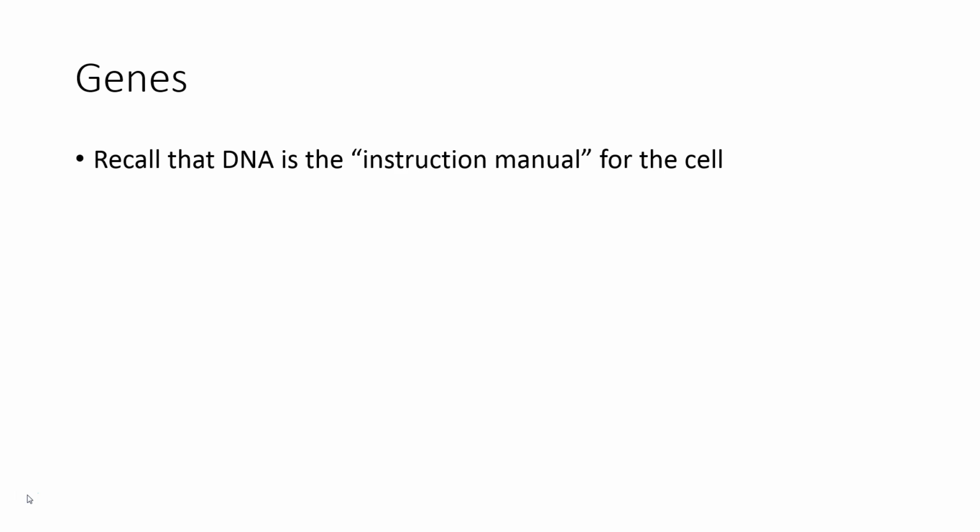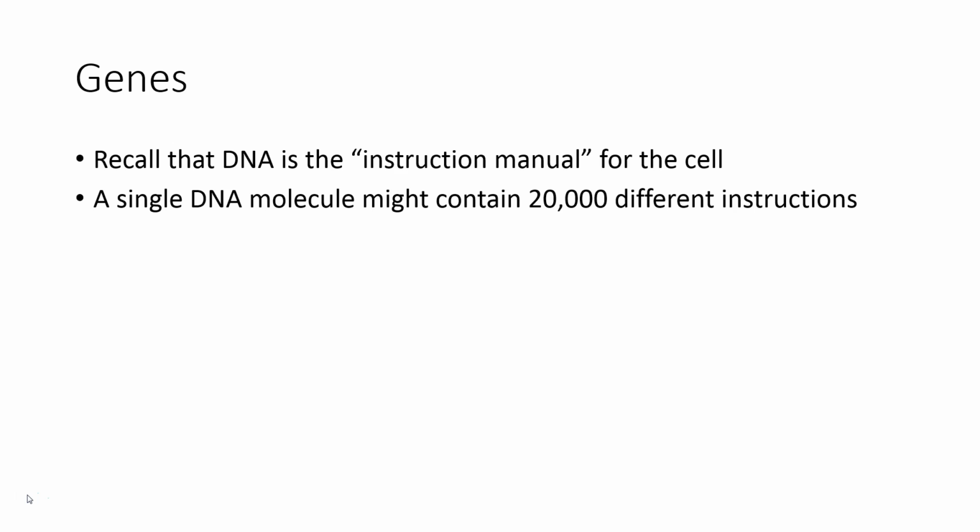Remember that we've said that DNA is the instruction manual for the cell, and it's stored in the nucleus of the cell. That's what makes the nucleus the control center, as you learned when you were younger. A single DNA molecule might contain 20,000 different instructions.